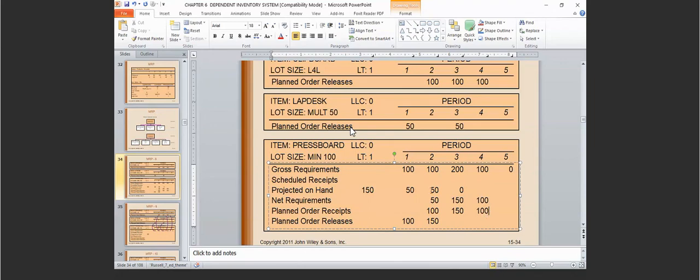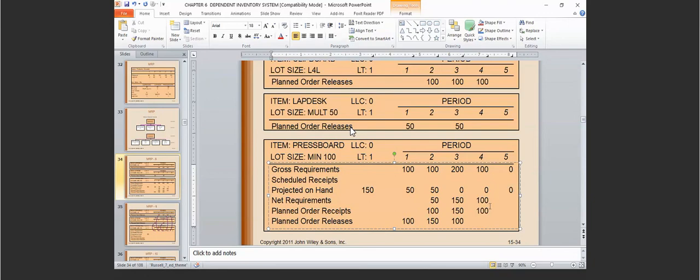Backward one period to determine the planned order release of 100 units. So at the end of period 4, we have nil inventory here, and we maintain our zero inventory until period 5.